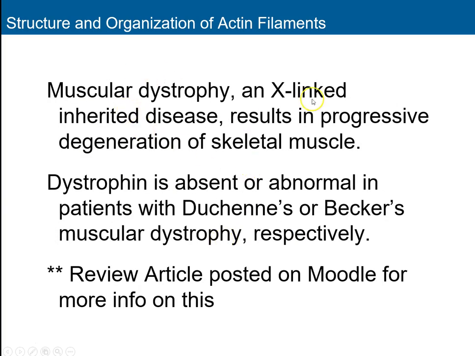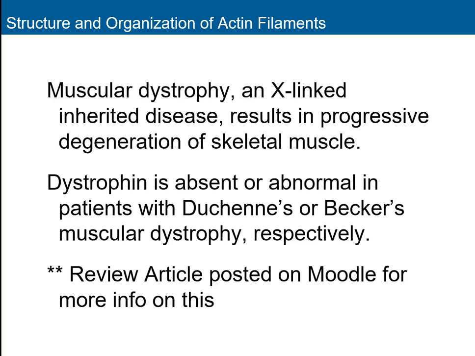And so here's more about muscular dystrophy. We talked about this before. You get this degeneration of skeletal muscle. Just a reminder that I did post a review article about dystrophin, and I believe it talks about spectrin and maybe ankyrin as well. Take-home message is that these proteins that link the cytoskeleton to the plasma membrane and to the extracellular matrix are super important.